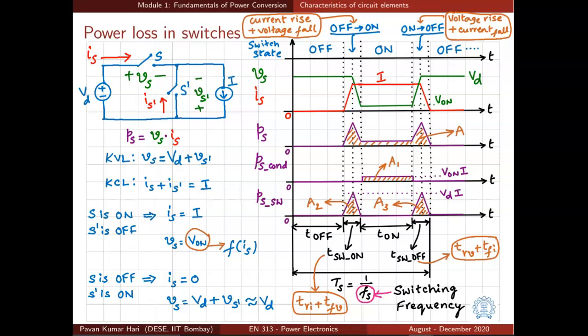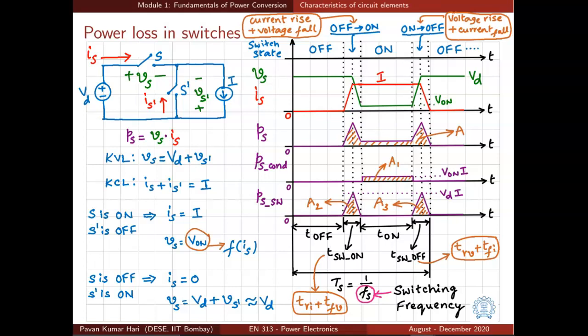If you apply KVL, Vs is equal to Vd plus Vs bar, and if you apply KCL at this node where S and S bar connect and the current source is also connected, Is plus Is bar is equal to capital I. So when S is on and S bar is off, in that state the switch current Is is equal to capital I, and the switch voltage Vs is given by Von, which is also typically a function of the current Is flowing through the switch.